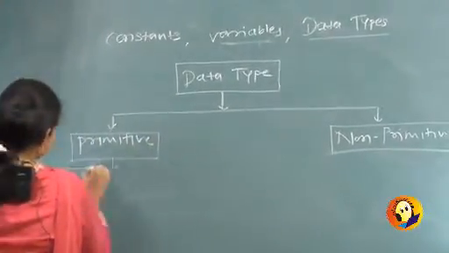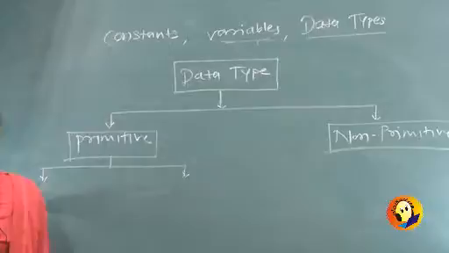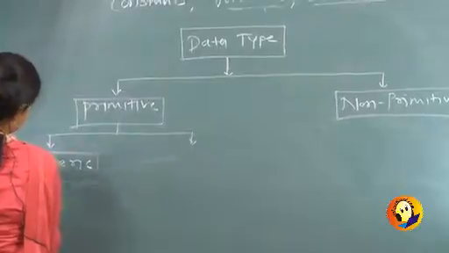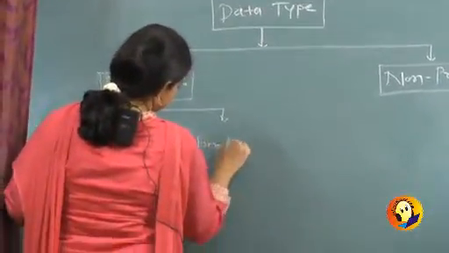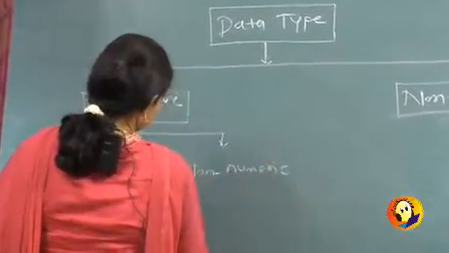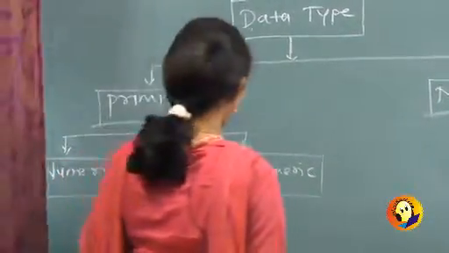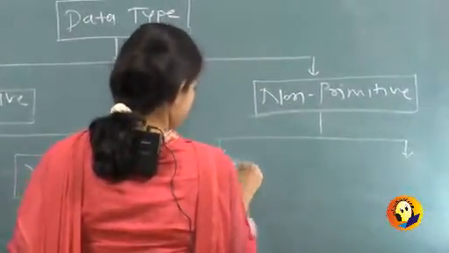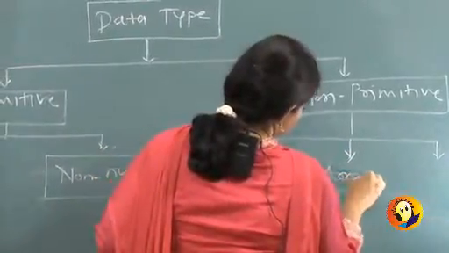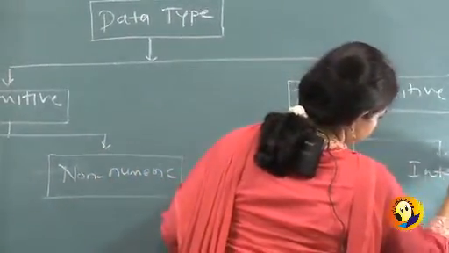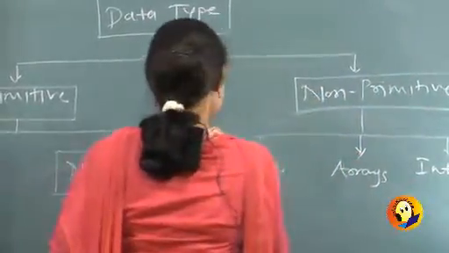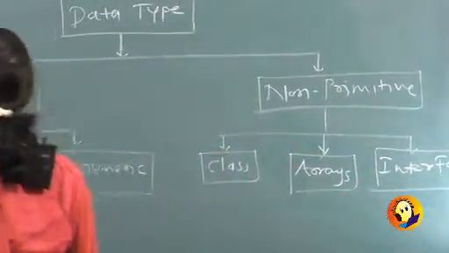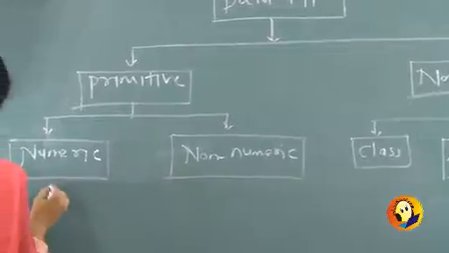Primitive data types are further divided into 2 types: numeric data types and non-numeric data types. And there are 3 non-primitive data types: class, arrays and interfaces.